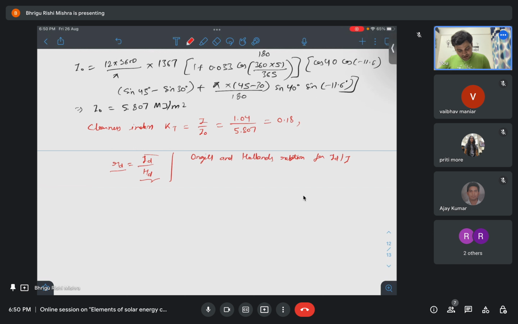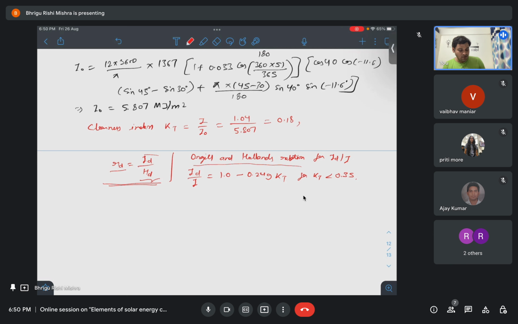So what it is, ID by I is 1.0 minus 0.249 into kT, and this is for kT less than 0.35. So this formula very well agrees with this calculation. It is given in several books. You can just search this Orgel and Holland's relation, and you will find this kind of relation.